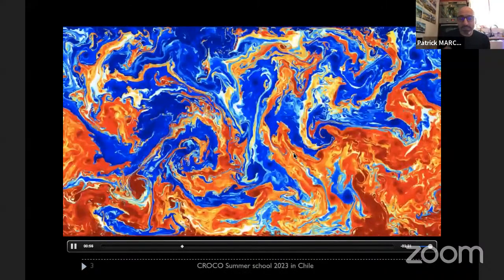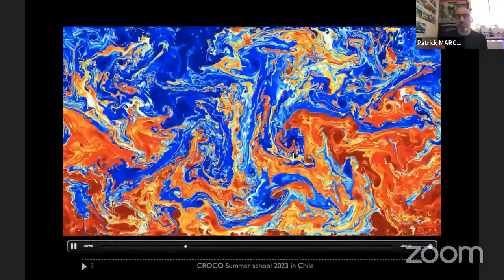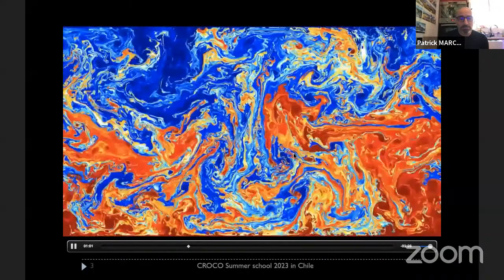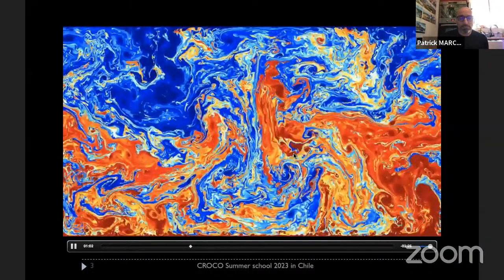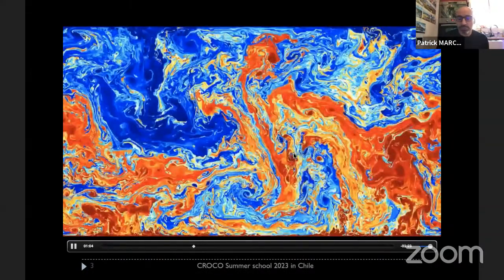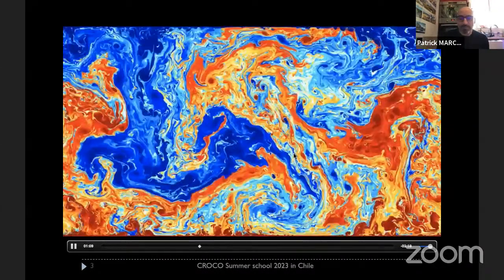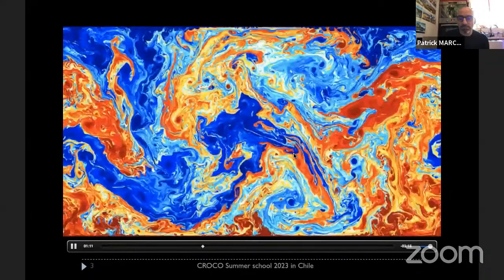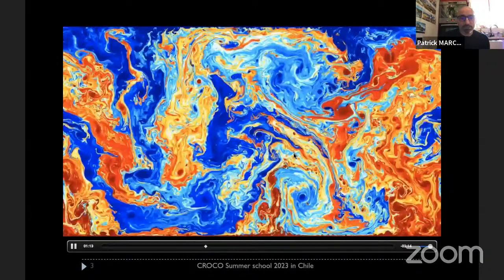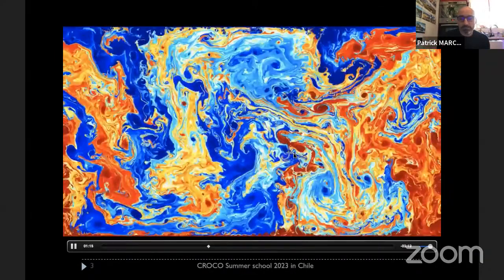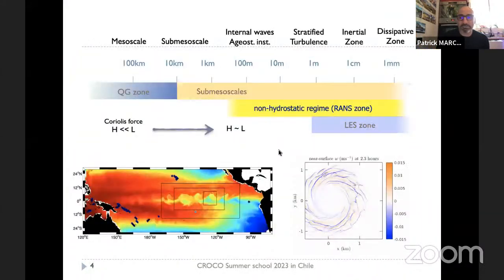and creates movements that can be very strong. So this is typically non-hydrostatic, but it's not the only non-hydrostatic type of flow regime, and we will see what we can expect in the full range of oceanographic scales in terms of non-hydrostatic regime.